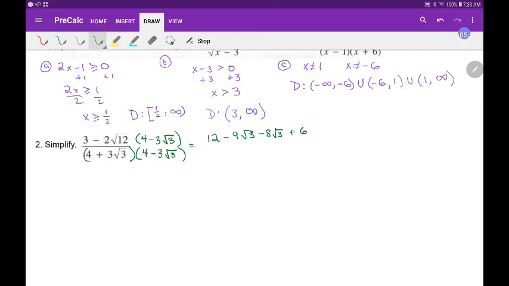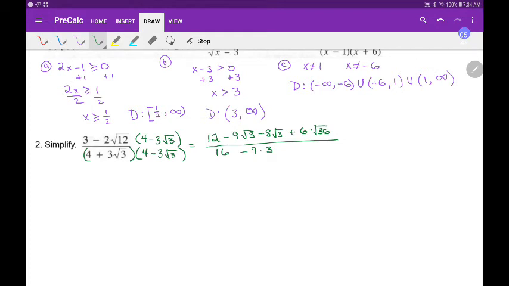And then positive 6 times the square root of 36. Okay, over 16. No middle term, right? Because it's the conjugate. And then negative 3 times 3 is, well, I'll just say 3.